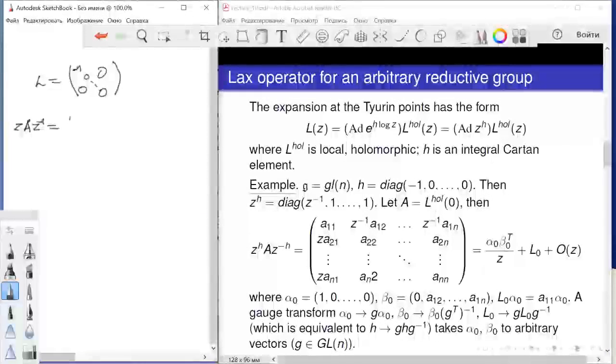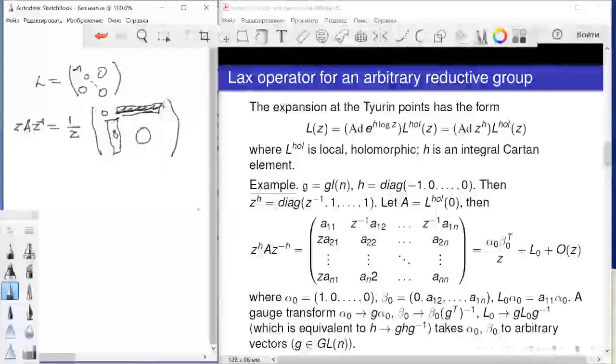So at the term 1 over Z, Z minus 1, we have the following matrix: 0, something in the first line, and zeros at all other places.